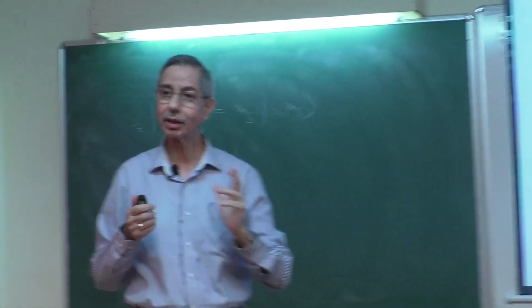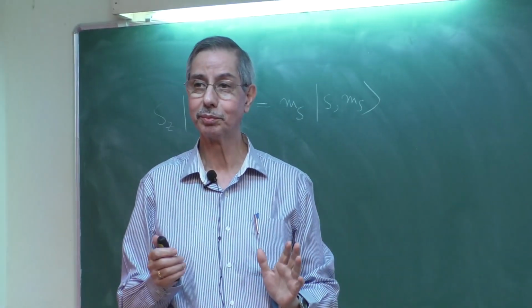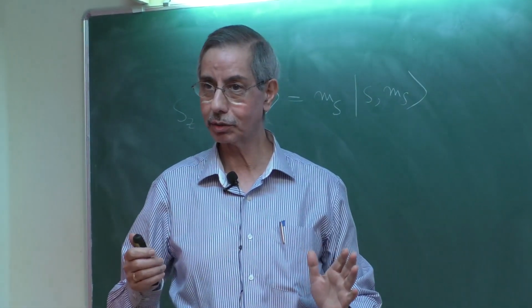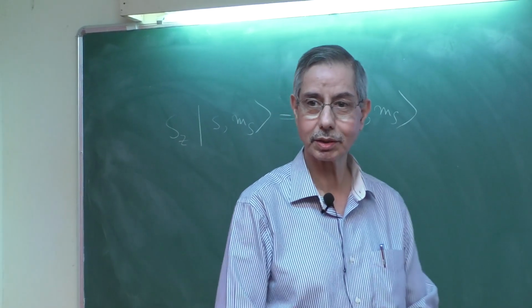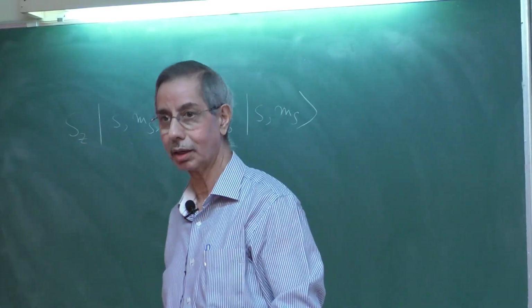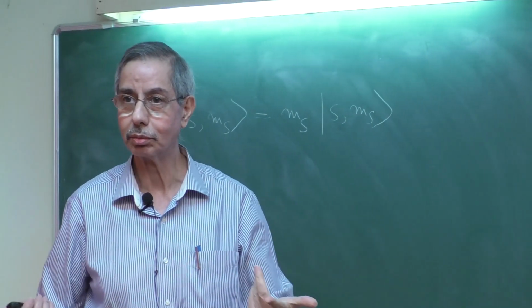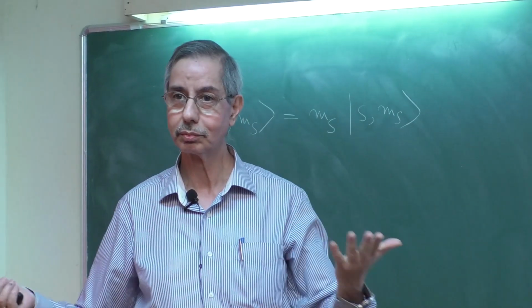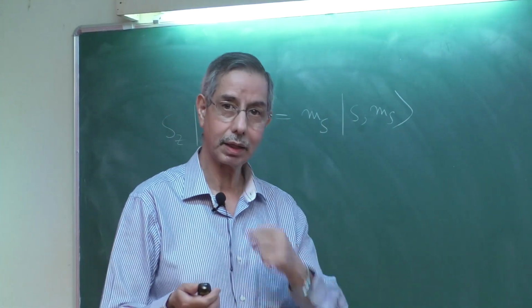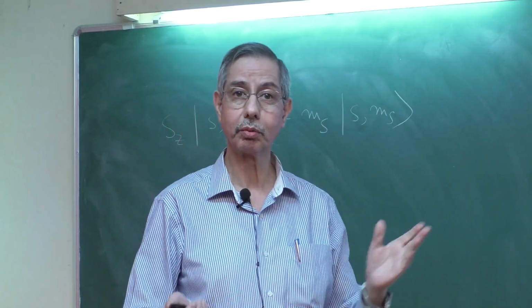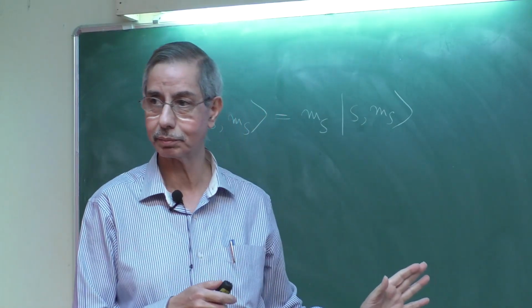But we still did not consider any interaction between them. We are dealing with a two-electron system, but the only thing we said is that these two particles are indistinguishable. We cannot say this is 1 and 2; it could as well be 2, 1. And in that case, what would happen to the total wave function? That's all we have done so far.